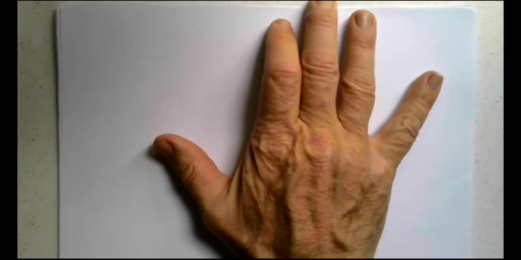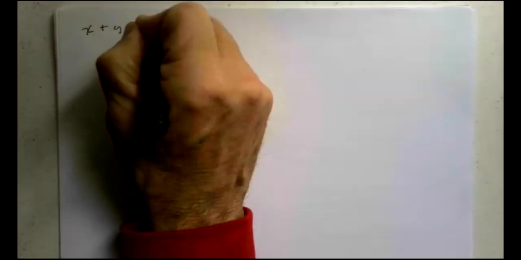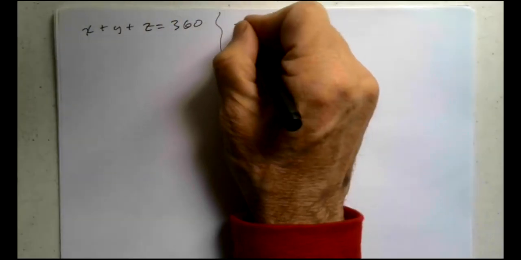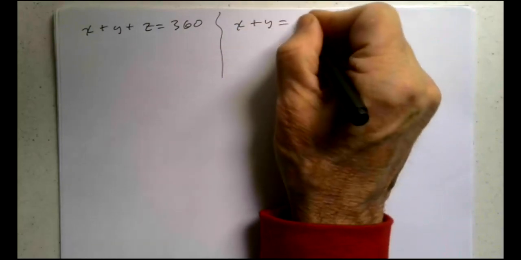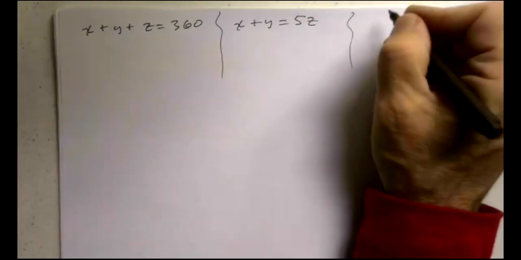Okay, so our first equation was x plus y plus z equals 360. Our second equation was x plus y equals 5z. And our third equation was y equals 3z.